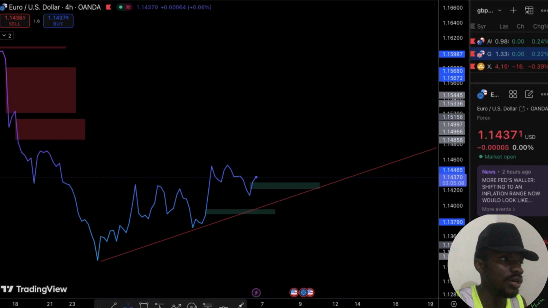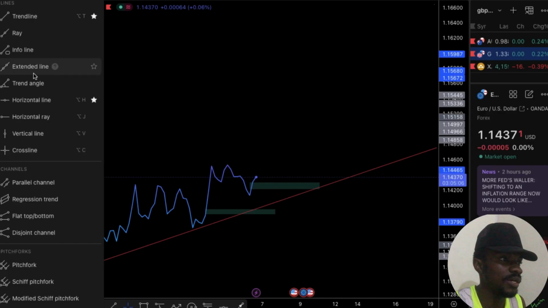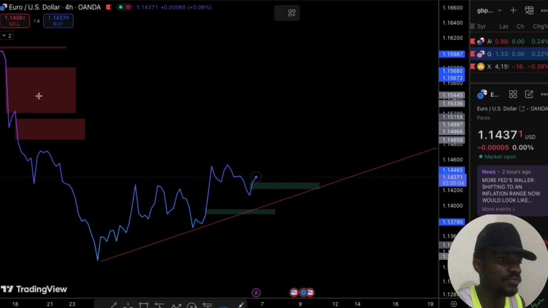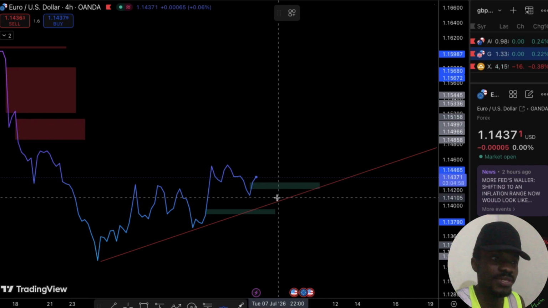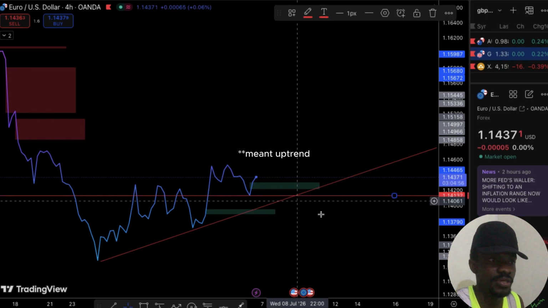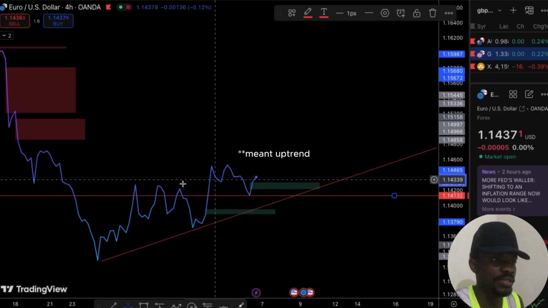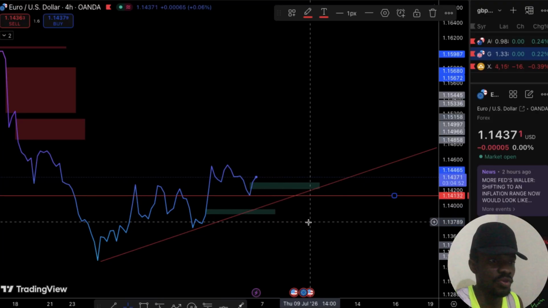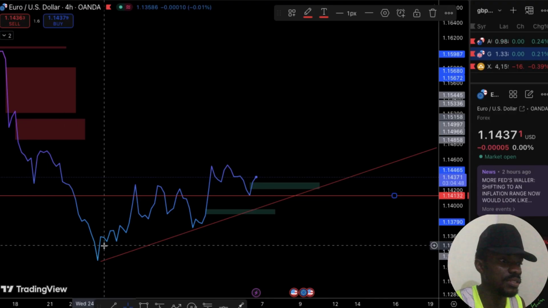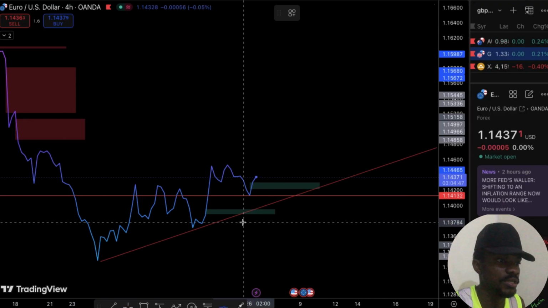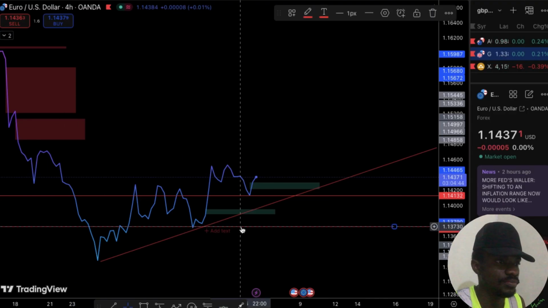So I take my horizontal line to find these entries. I can either mark it here or here, but since we are in a trend line, I'm going to use here. It should look something like this. Okay, good. Now let's look for the others.